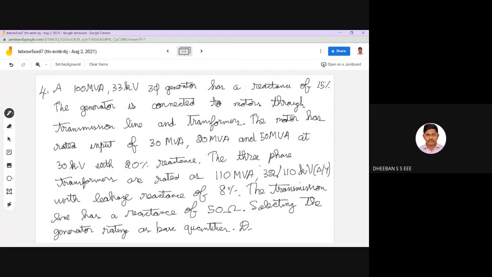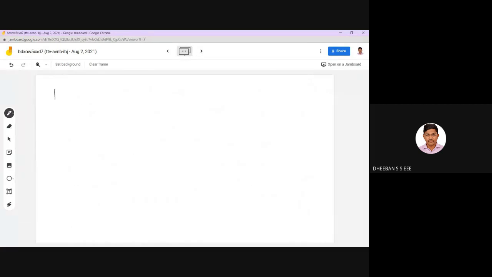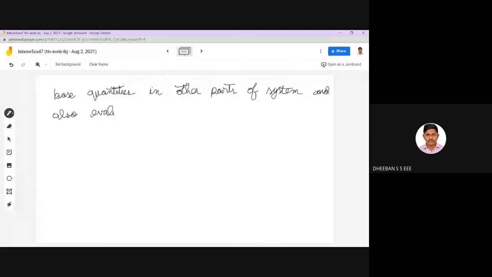Okay, determine the base quantities in other parts of the system. And also evaluate the per unit values.